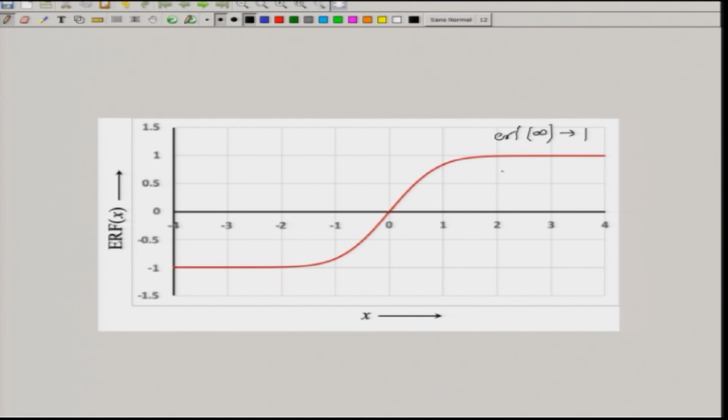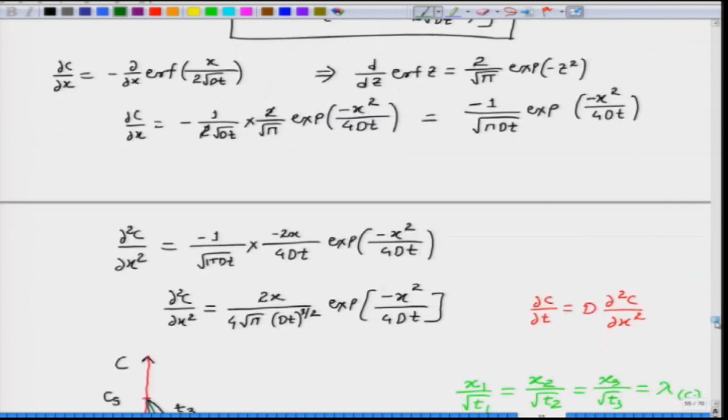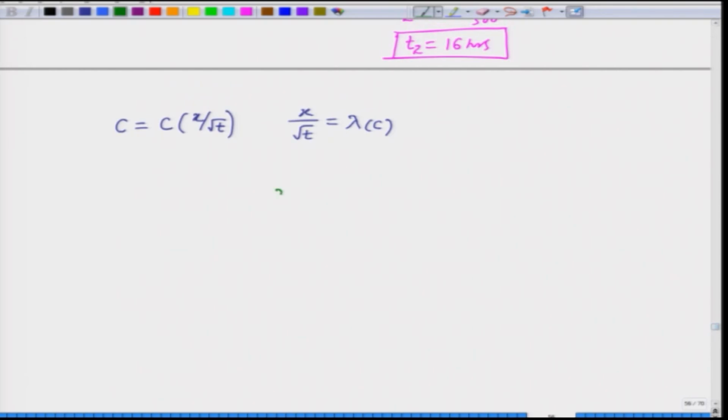So we can approximate that even when x by 2 root Dt is approximately 2, we will get the original composition, right. So that is where x by 2 root Dt is equal to 2, or x is approximately 4 root Dt.